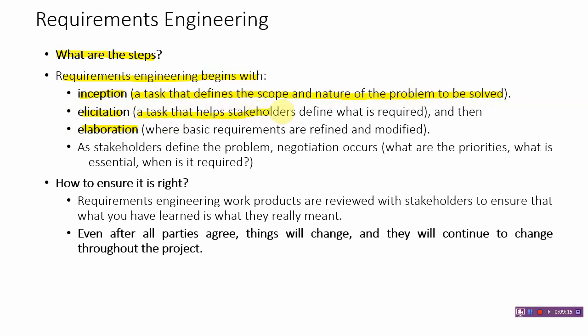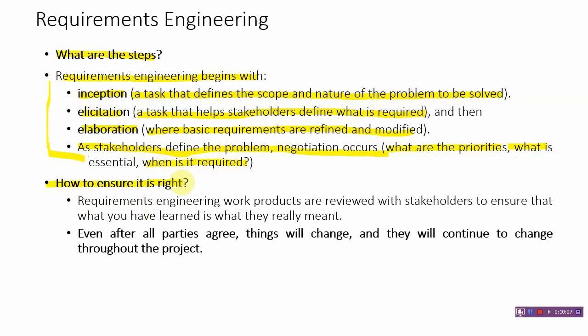Elicitation is a task that helps stakeholders define what is required, and elaboration is a task where basic requirements are refined and modified. As stakeholders define the problem, negotiation occurs, like what are the priorities, what is essential, when it is required. So these are the various steps which are involved in requirements engineering.